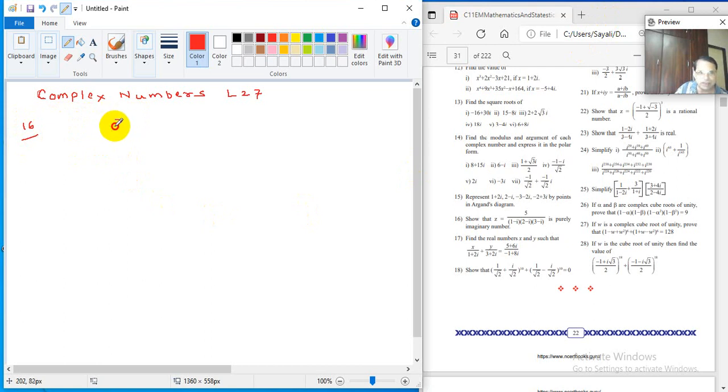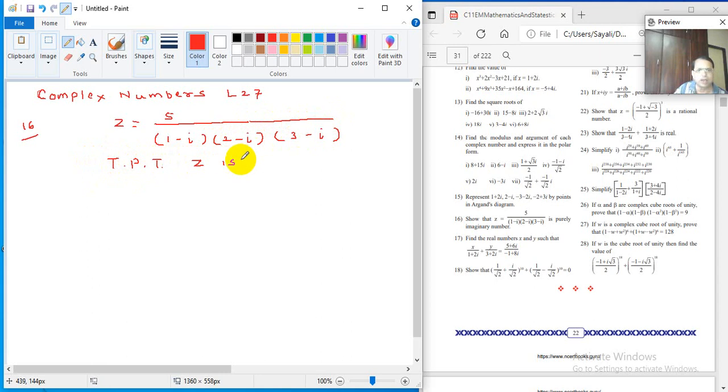So the z given to you is 5 upon 1 minus i into 2 minus i into 3 minus i. This is given and you have to show that z is purely imaginary number. To prove that, TPT means to prove that z is purely imaginary.